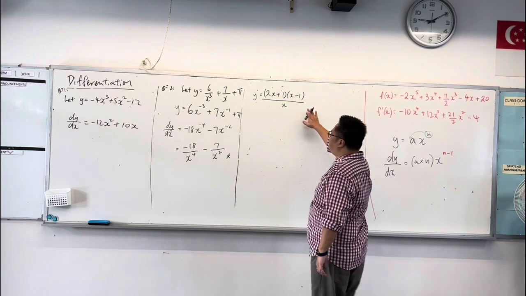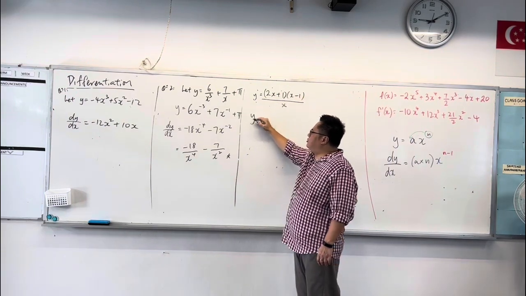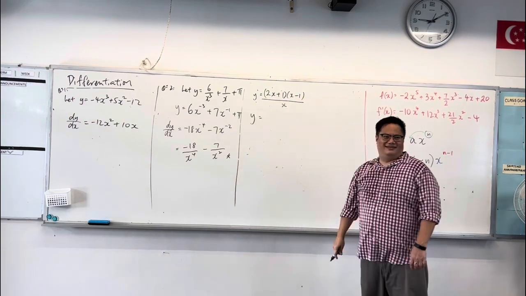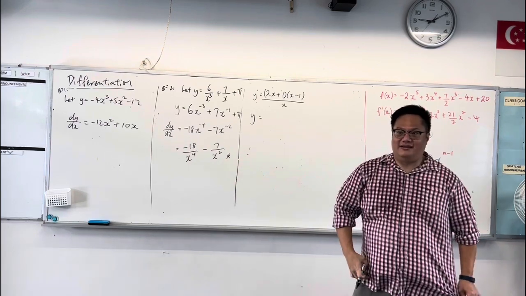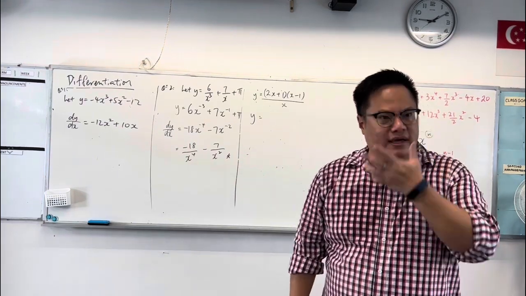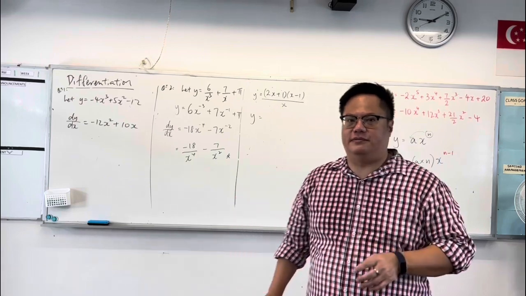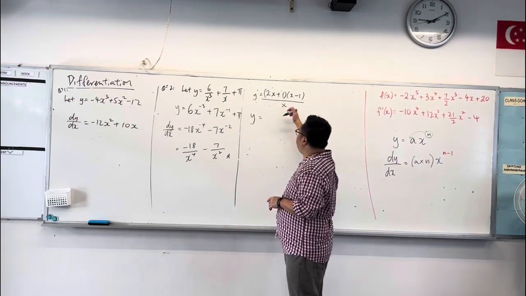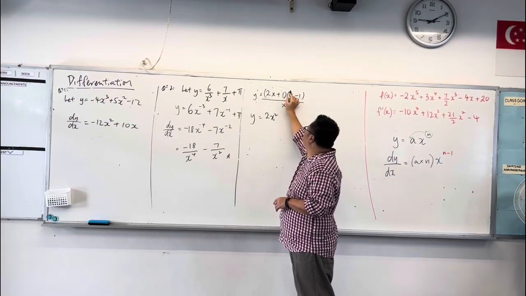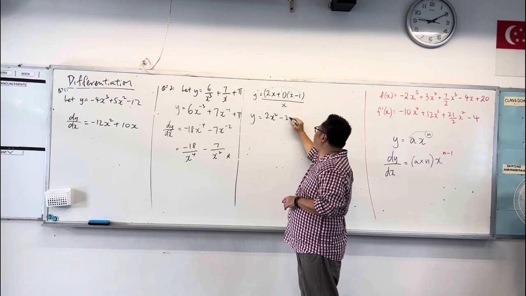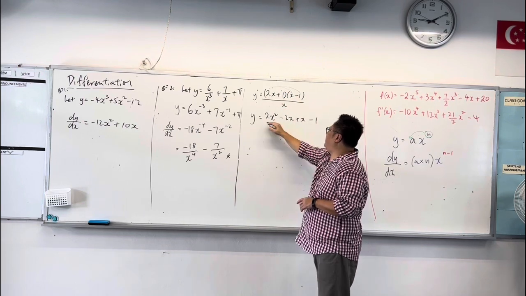So if I give you a question like this, can anyone suggest to me how can I differentiate this? Now this is a whole chunk of maths, right? So what I want you to do is break it down into term by term. So what can we do? Let's expand. So 2x squared minus 2x plus x minus 1 over x.